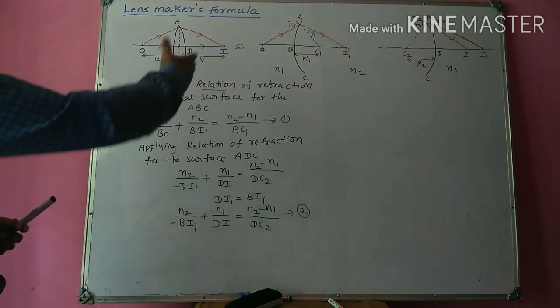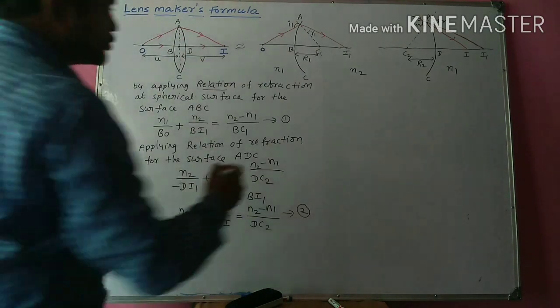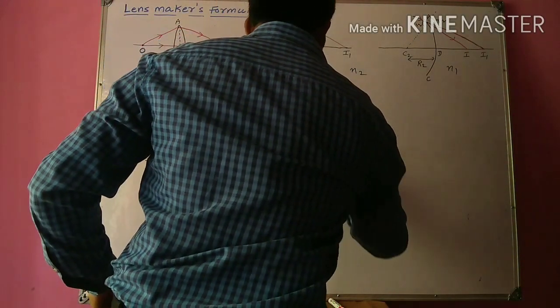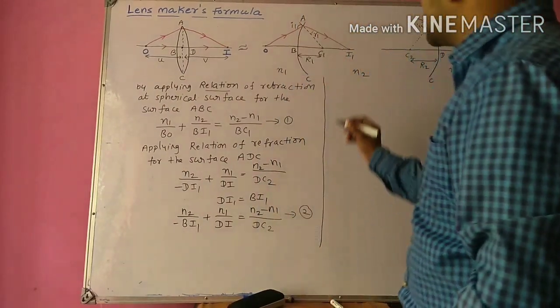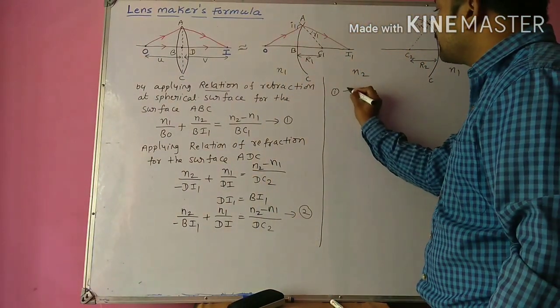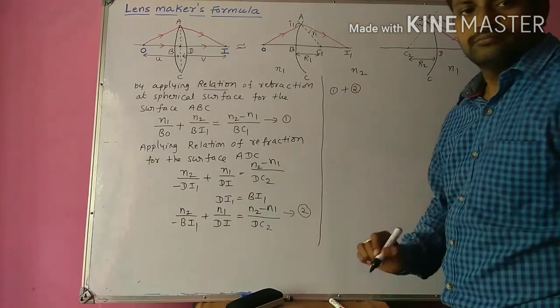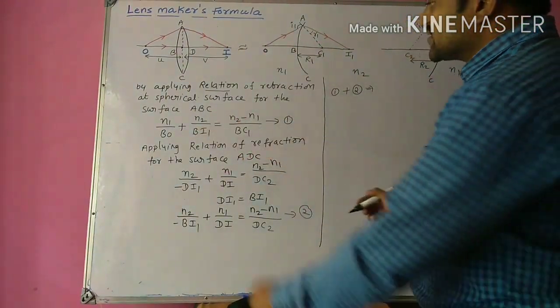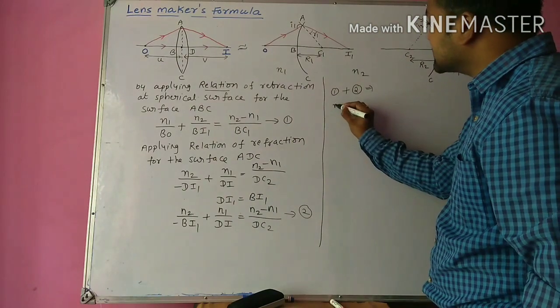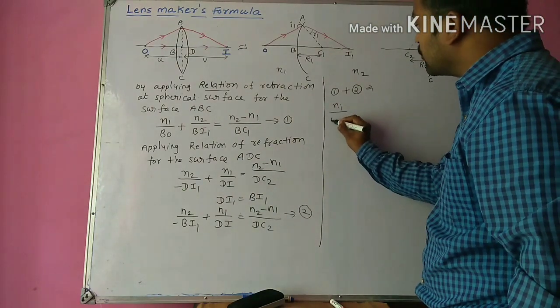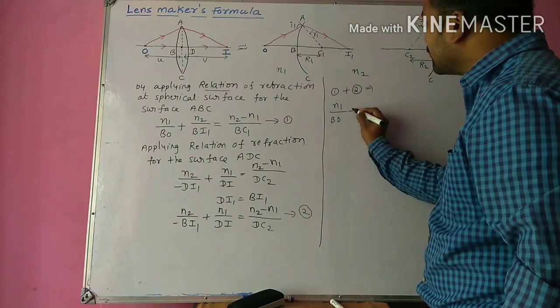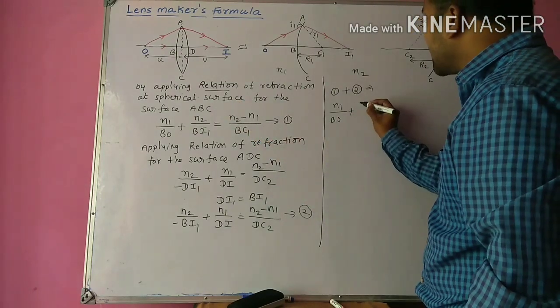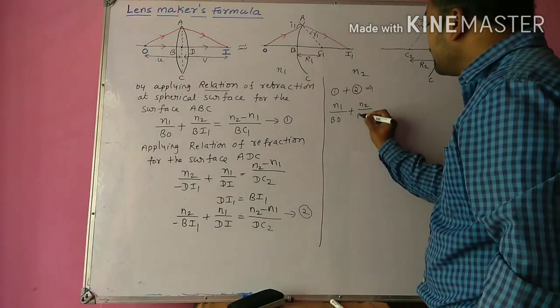So let us add the two equations, equation number 1 plus 2. The left hand side of the first equation is N1 by BO plus N2 by BI1.